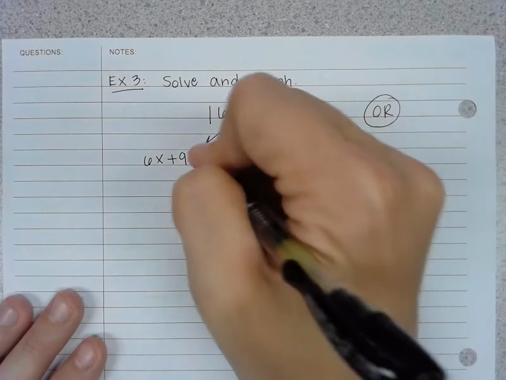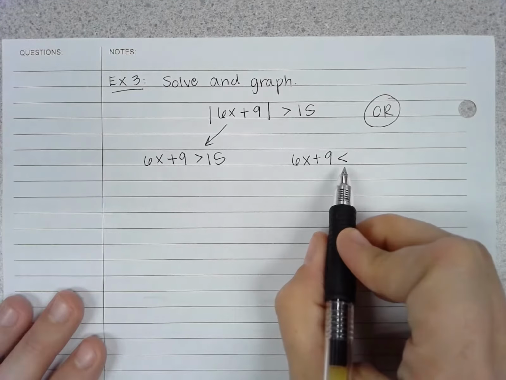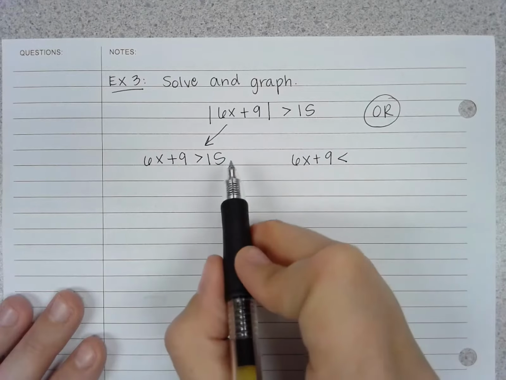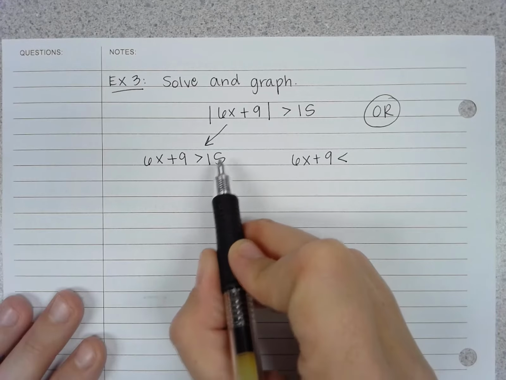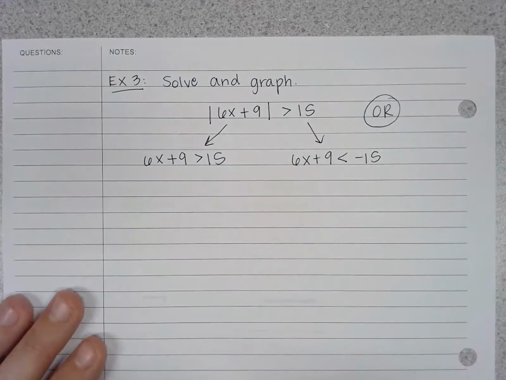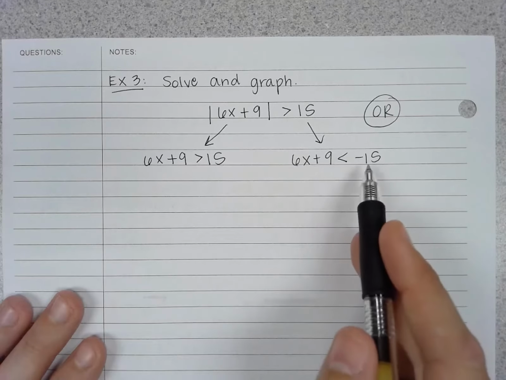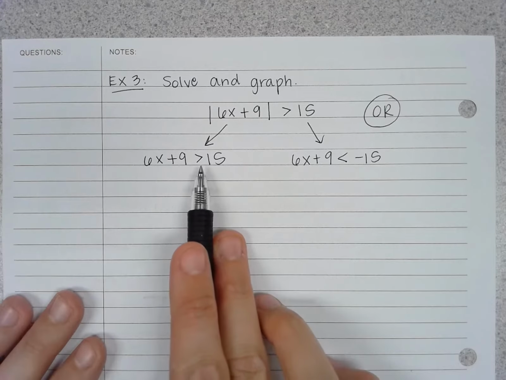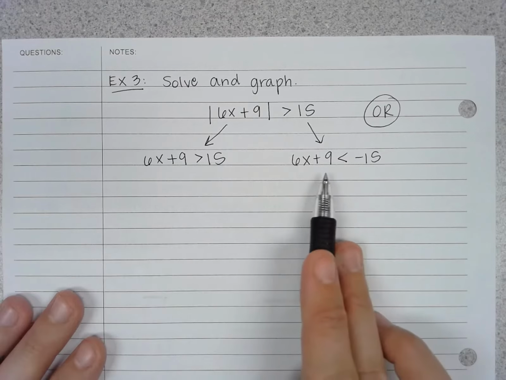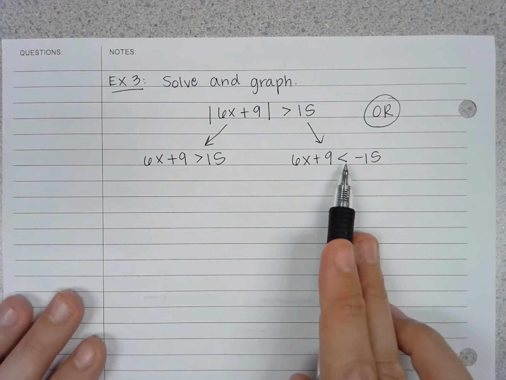The first thing is you have to put the inequality sign in the opposite direction. So it's going to be a less than symbol right here, not a greater than symbol. And then the other thing you do is you have to change the 15 to be negative 15. It's kind of like when we solved absolute values that had equal signs and we had one be positive 15 and one be negative 15. The only thing that's also different about this is that you want to see right here that this one changes direction, and so this also flips to the opposite side.